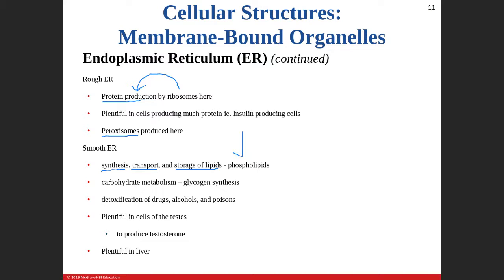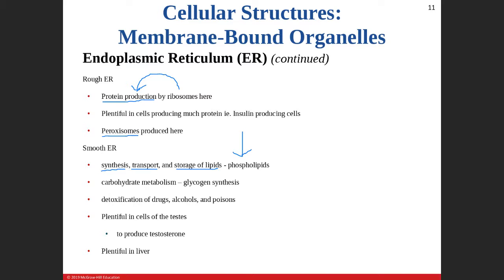Phospholipids are important because they make up your plasma membrane, or a good amount of it. The majority of the lipids found in your plasma membrane are going to be made up of phospholipids.